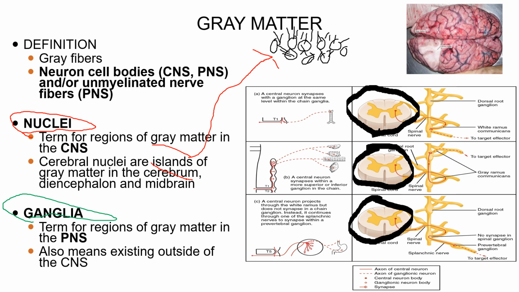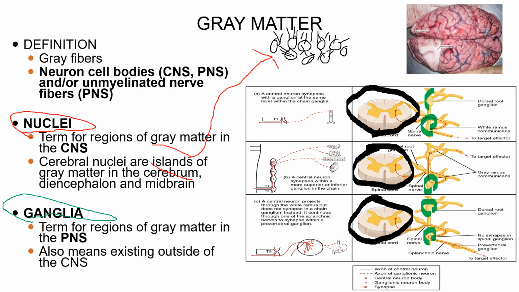Alright, so remember, spinal cord is central nervous system. That's brain, brainstem, all that together. So that would still be considered nuclei, technically. But as soon as you leave the spinal cord, as soon as you go just lateral to the spinal cord, what we get are these clumps of cell bodies and dendrites.